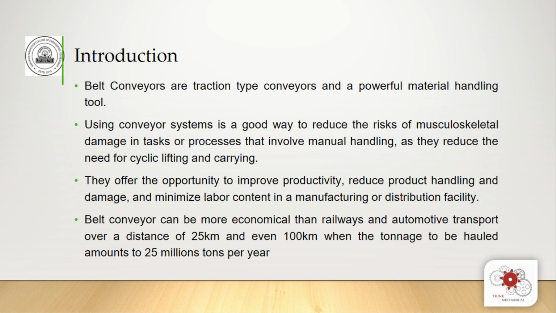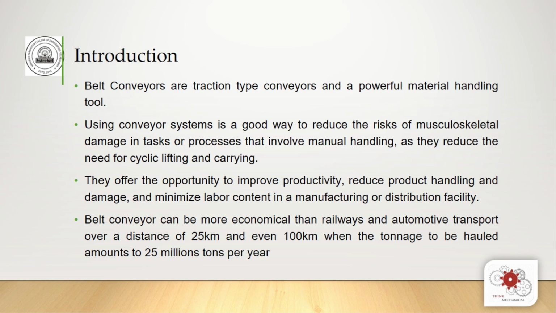the industry. Using conveyor systems is a good way to reduce the risk of musculoskeletal damage. That means while carrying a material from one place to another place, there might be a damage to a human, but that can be reduced by using belt conveyors.